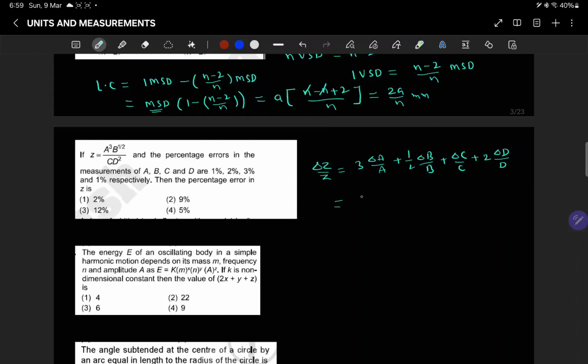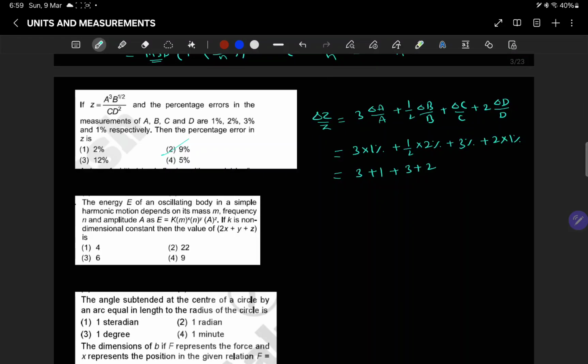So 3 into delta a by a, given in the question as 1%, plus 1 by 2 into delta b by b, given 2%, delta c by c 3%, 2 into delta d by d is 1%. So that means 3 plus 1 plus 3 plus 2. So 4 plus 3 is 7, plus 2 is 9. 9%, second option given. Easy students, easy model question.